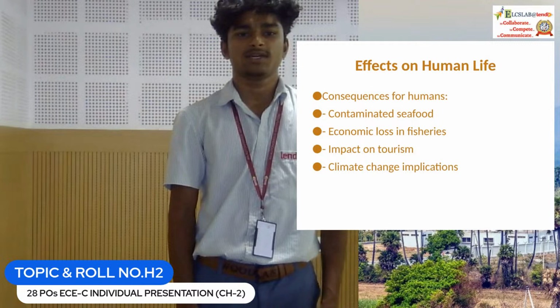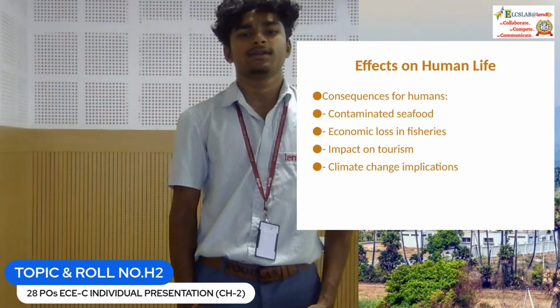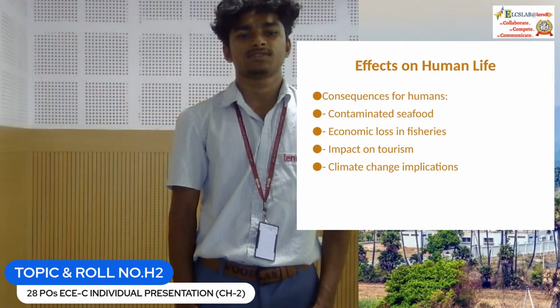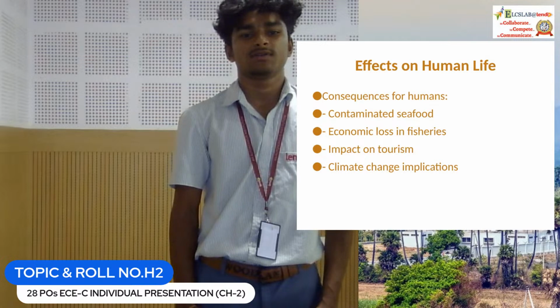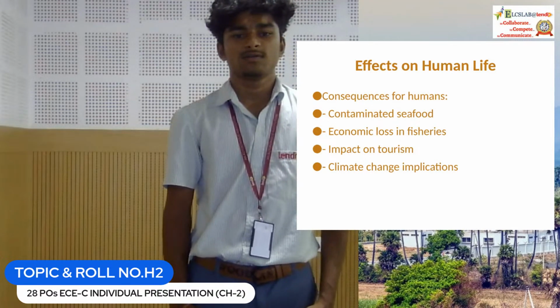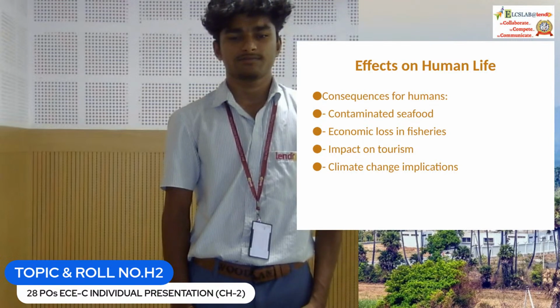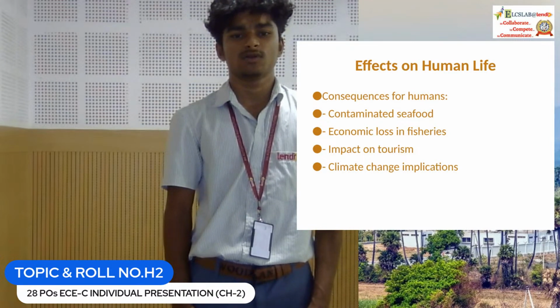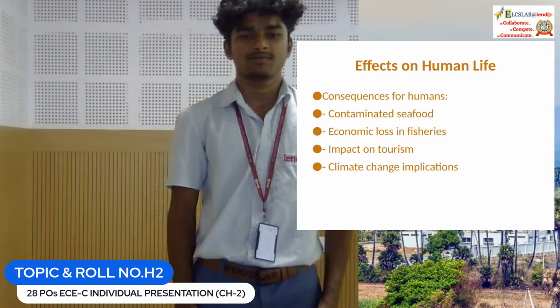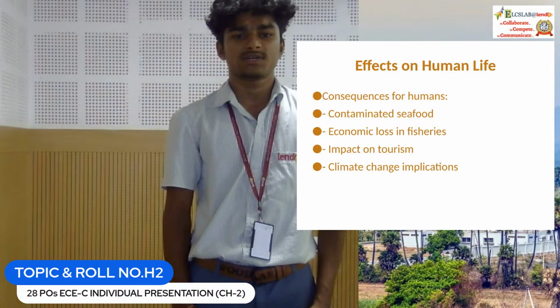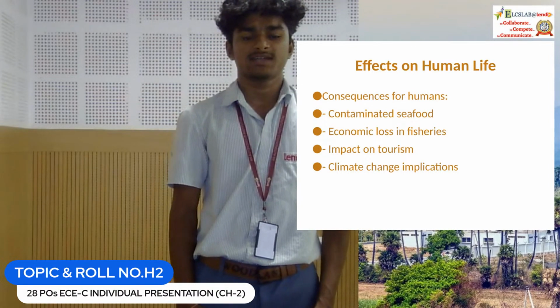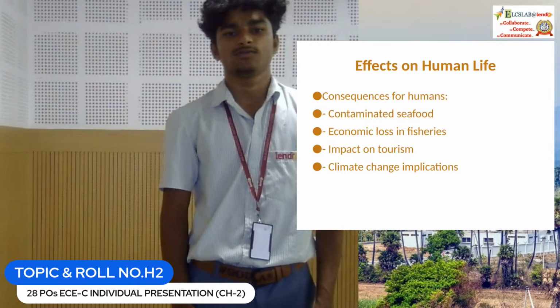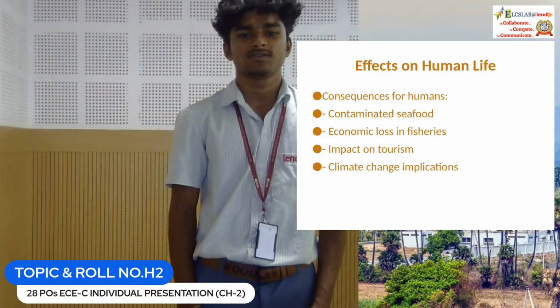Effects on human life. Consequences for humans: contaminated seafood, economic loss in fisheries, impact on tourism, climate change, and pollution. These days Goa is the most famous ocean destination where tourists come, but there are so many plastics and toxins that pollute the oceans.